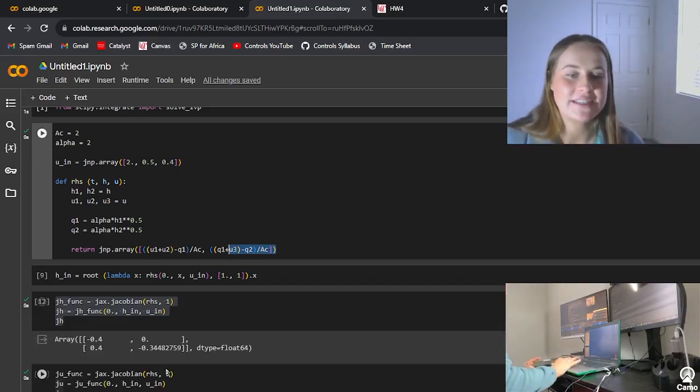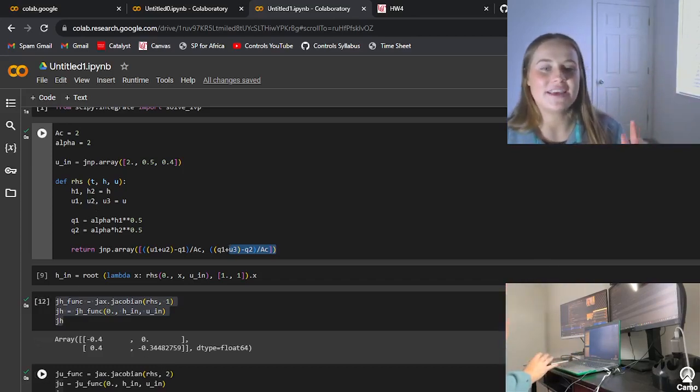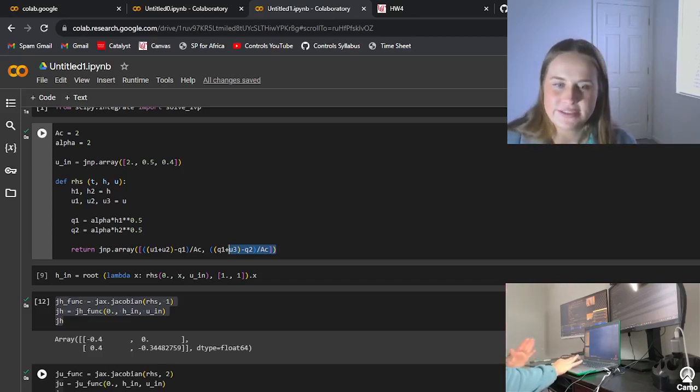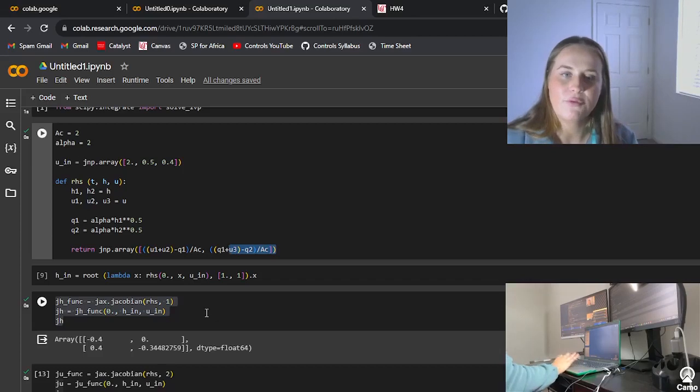The reason this one does not depend on that is because it is the flows coming in. So U1 and U2 flow into tank 1 and U3 flows into tank 2. So it's very independent of each other, which is why these numbers just don't overlap. And that is the Jacobian for problem 4A.